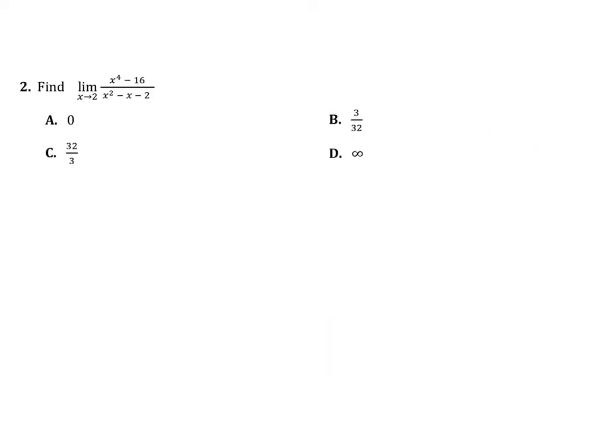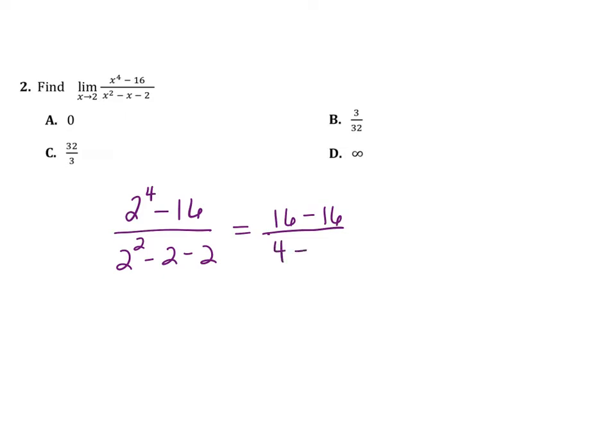Okay, our next problem, a limit problem. We're always going to try substitution first. So we're going to have 2 to the 4th minus 16 over 2 squared minus 2 times 2, so that's going to give us 16 minus 16 all over 4 minus 4.